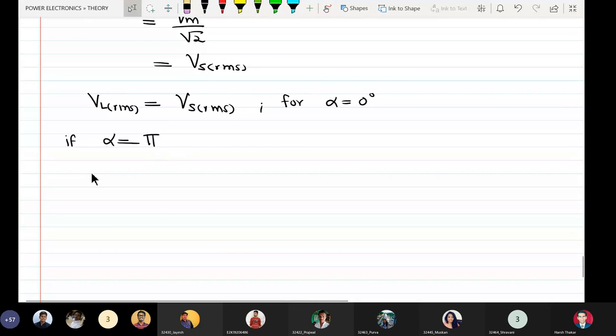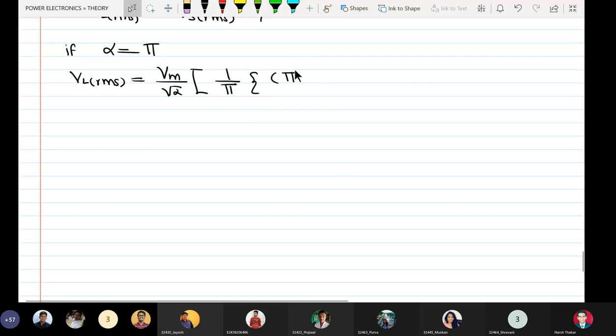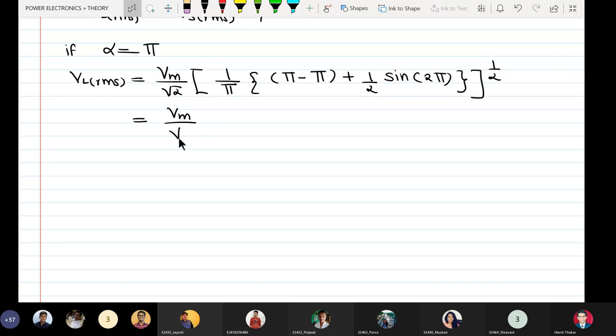Okay, so for alpha equal to pi, we have VLRMS is equal to Vm by root 2 into the square root of 1 upon pi into pi minus alpha, which is pi, plus 1 upon 2 sine 2 pi, which is now equal to Vm by root 2 into 0 plus 0, which is 0.